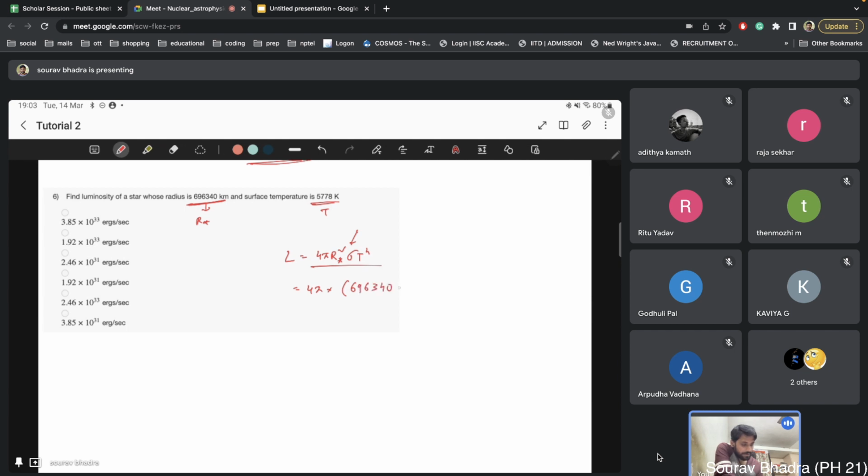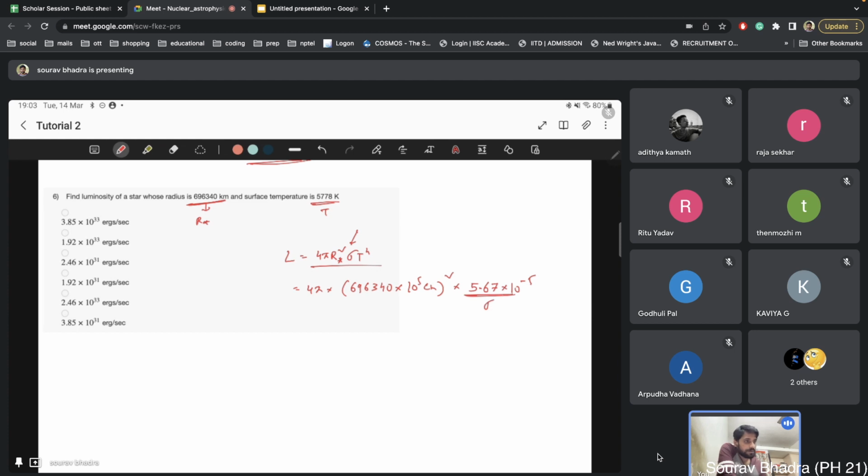696,340 km. So I will convert it into centimeter, 10 to the power 5. I also forgot the centimeter conversion. Then 5.67 into 10 to the power minus 5, it is the value of sigma.